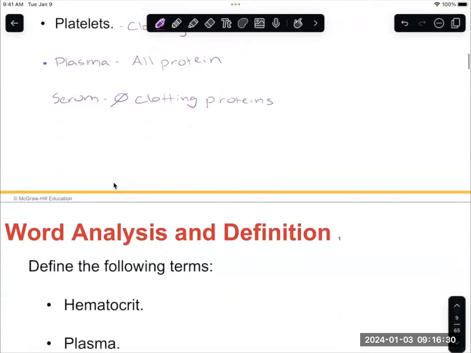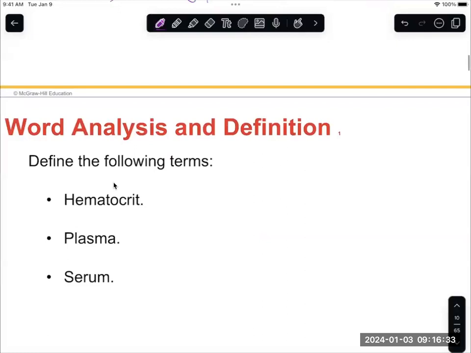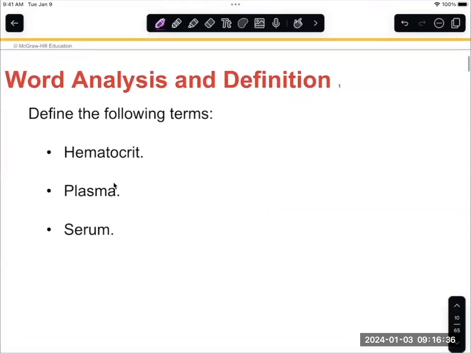So hematocrit. We can also write hematocrit, HCT. Hematocrit is the percentage of blood that is composed of red blood cells. Plasma, as I mentioned, is that clear yellowish kind of liquid that has the different proteins: albumin, globulin, and fibrinogen. Serum is similar to plasma, but it does not include those clotting proteins.